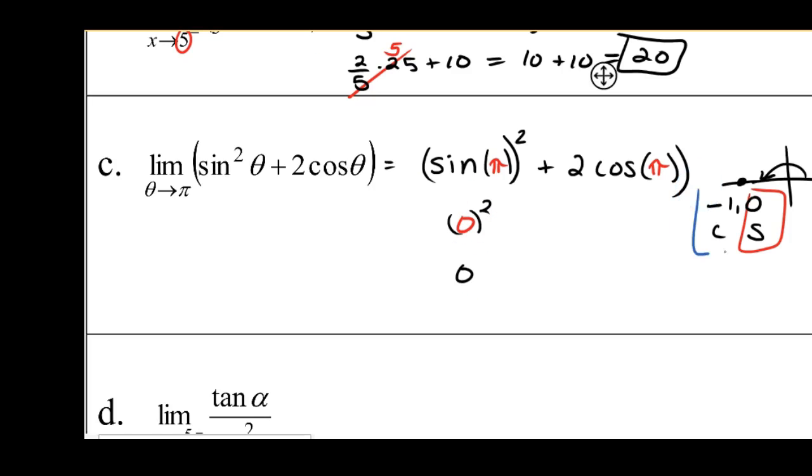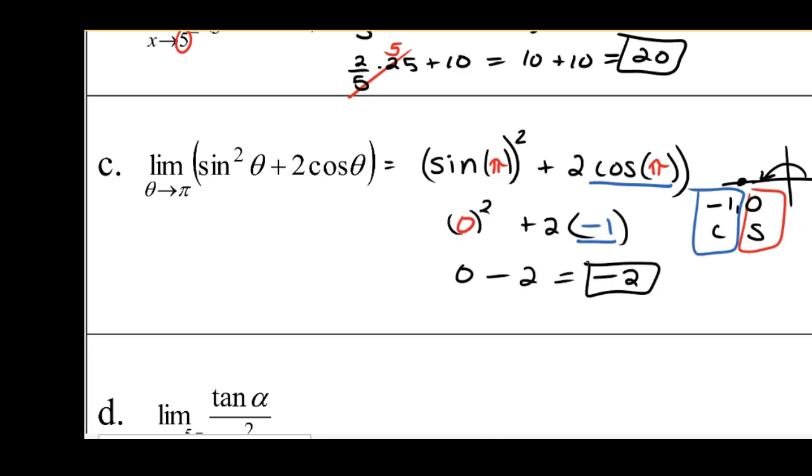And my cosine is -1. Cosine of pi is -1, and 2 times -1 is -2. 0 minus 2 is -2.